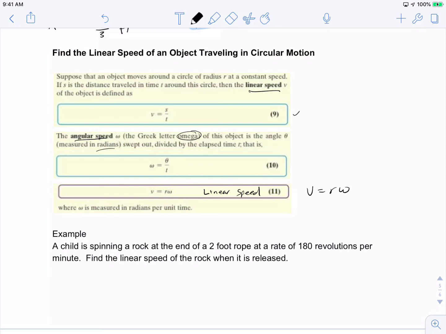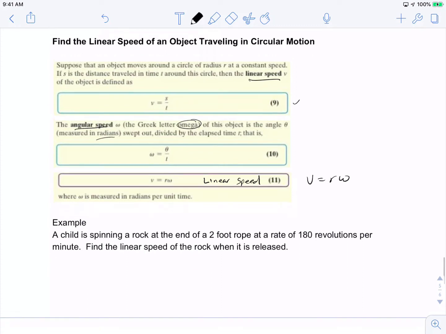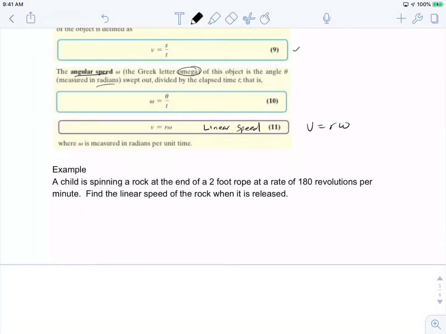So let's do an example with this so you guys can see. All right, so I have a child spinning a rock at the end of a 2-foot rope at a rate of 180 revolutions per minute. Find the linear speed of the rock when it is released. So he's going to launch this thing. In order to find omega, we're going to start with 180 revolutions per minute.